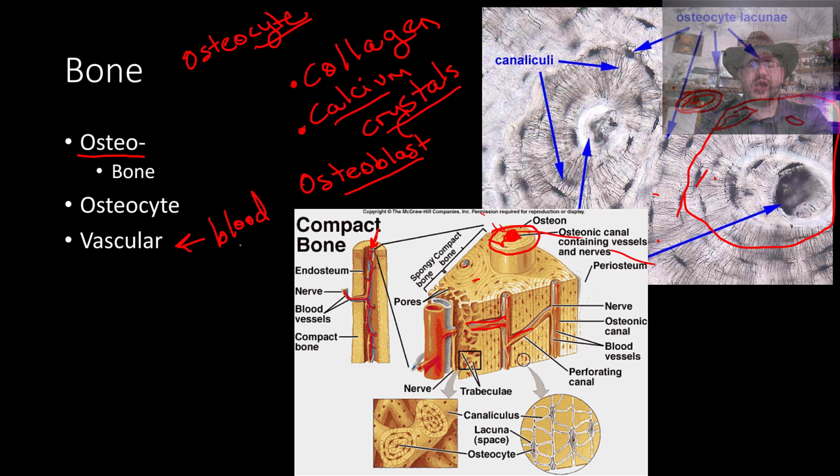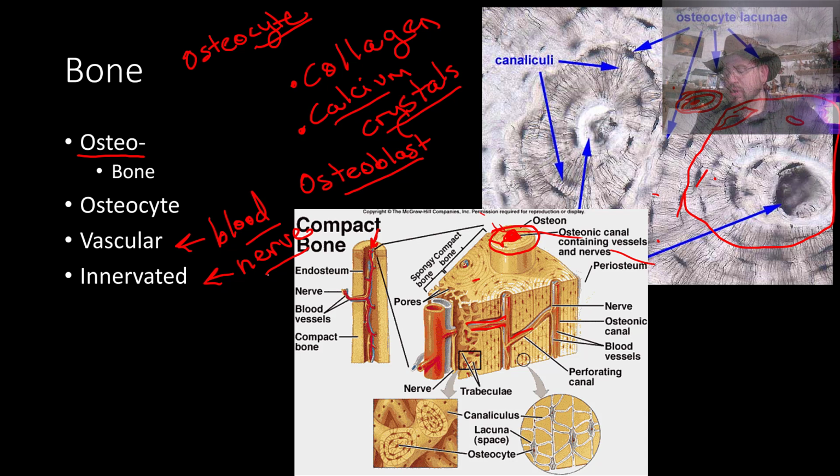These are getting a lot of oxygen and nutrients. It is innervated, which means it has a nerve supply, right? And that means that bone actually heals pretty well, which is generally a good thing. You want bone to heal. And it heals because it has that nice, complicated, complex blood and nerve supply.